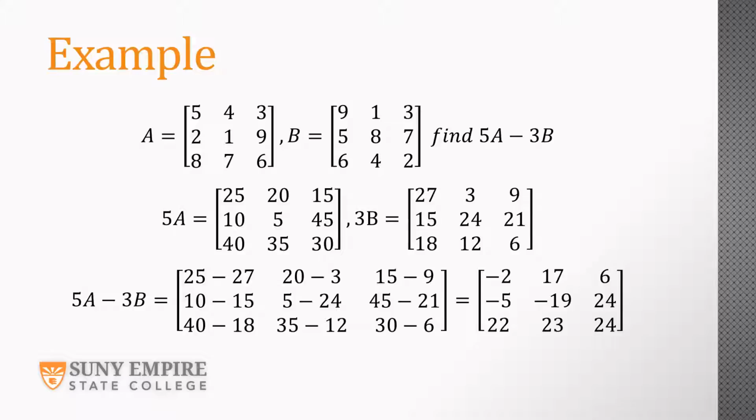We have 25 minus 27, 20 minus 3, and 15 minus 9, then 10 minus 15, 5 minus 24, and 45 minus 21, then 40 minus 18, 35 minus 12, and 30 minus 6.